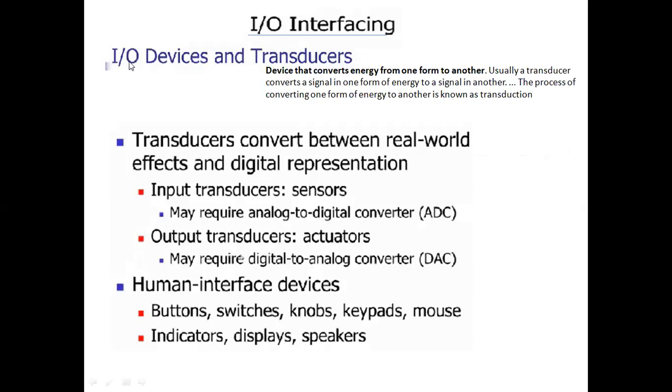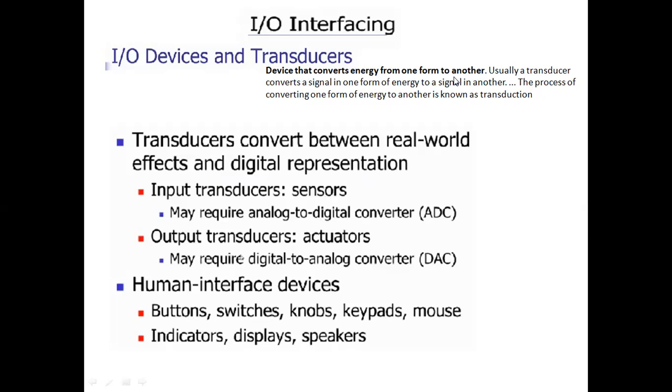There we have the IO devices and the transducers. Once I say transducer, these transducers are the devices which will be able to convert a physical signal to an electrical signal, that is, devices that convert energy from one form to another. Why?